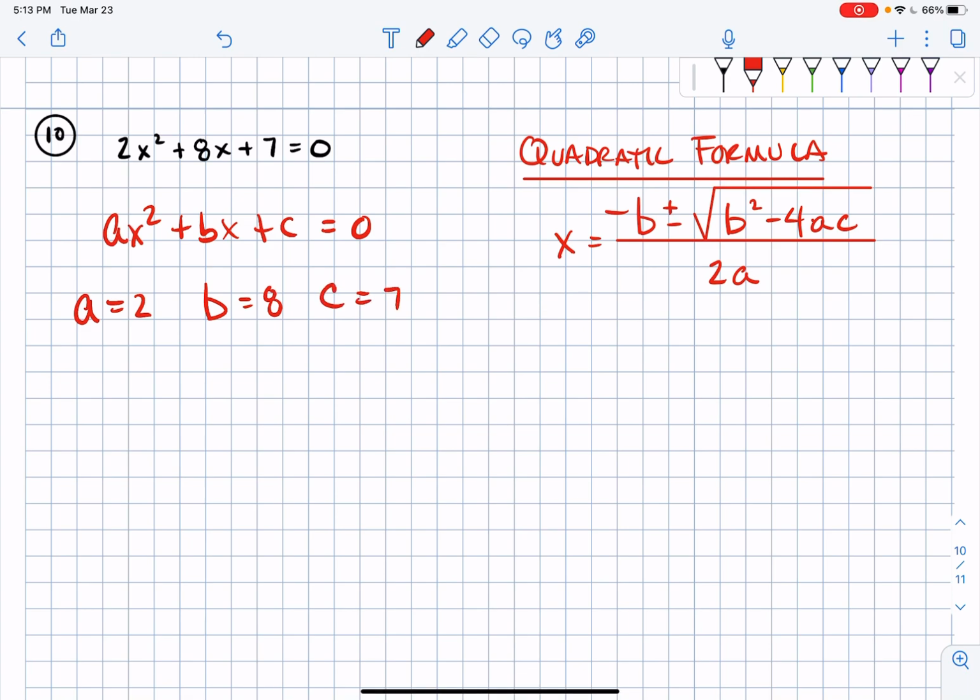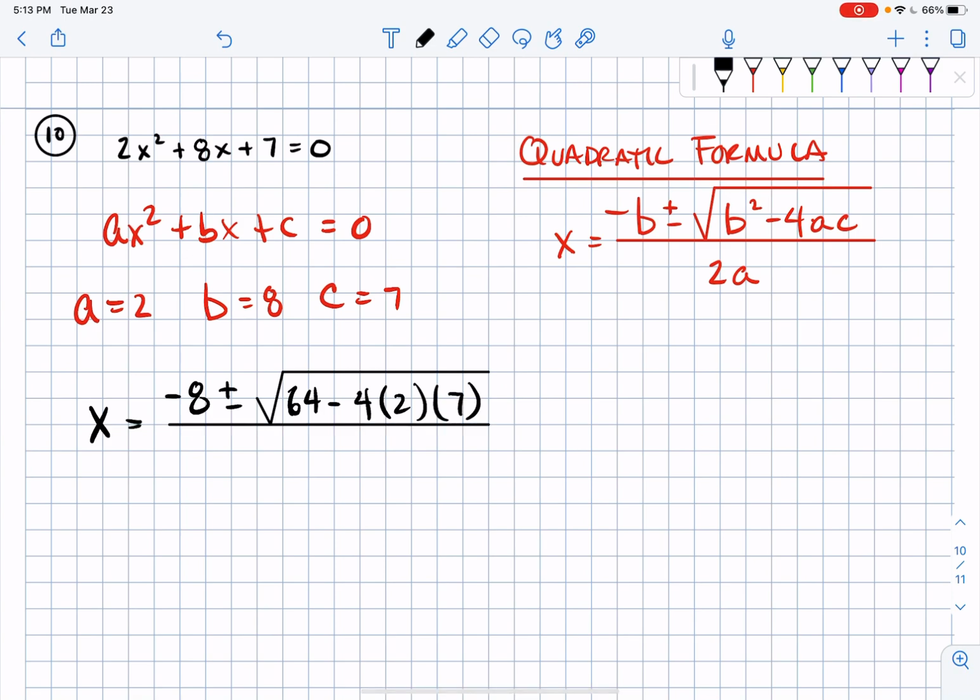So I just plug it in. So x equals negative b. That means negate b. So b is positive 8, negate it, negative b, 8. Plus or minus the square root of b squared, which is going to be 64, minus 4 times a times c all over 2 times a.